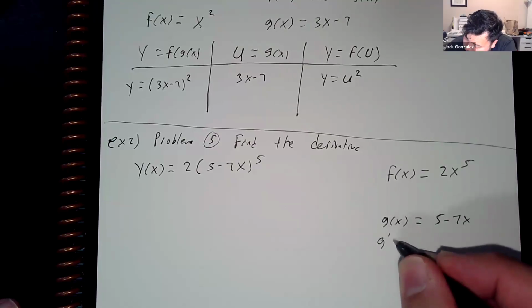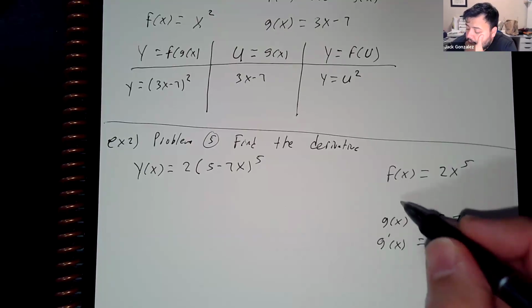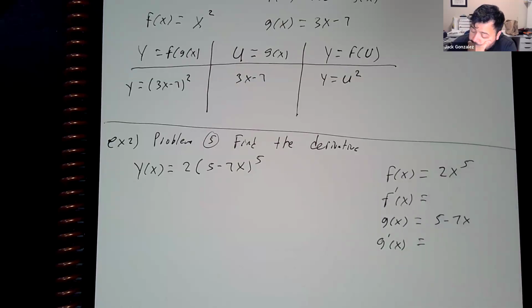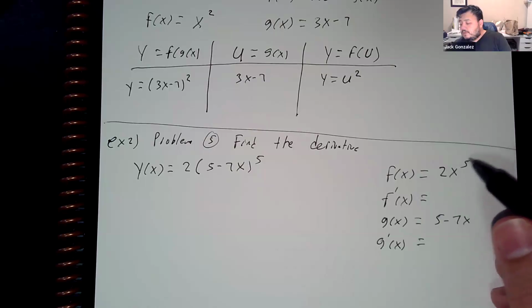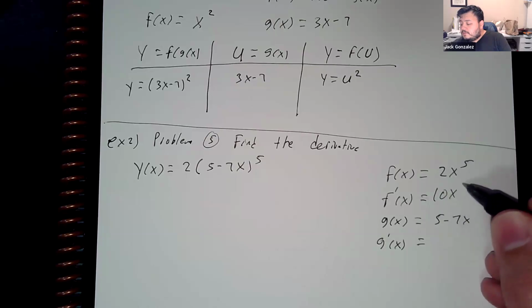What is g prime? What is f prime? We need it in the formula, right? f prime would be 10x to the 4th, right?